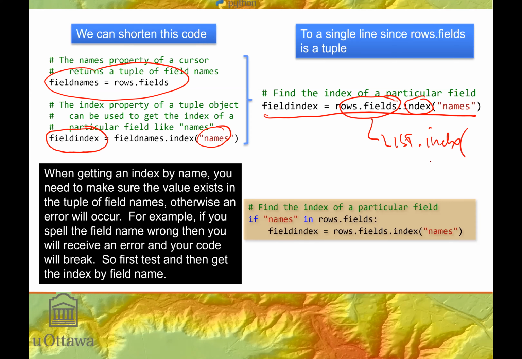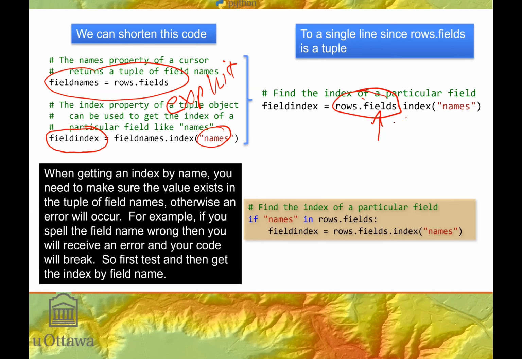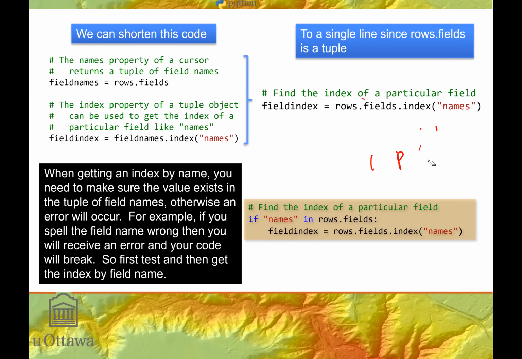And then you can just search for it right like that. So doing it this way just requires that you understand what is returned, what is the data type of the return here, and then working directly with the properties and methods of that return data type. So this is explicit here, and this is an implicit way. So that's one way to shorten it.